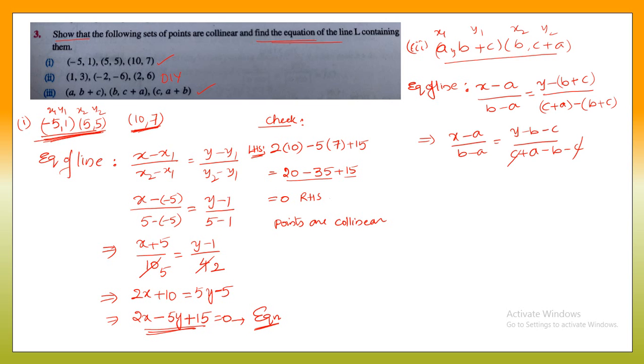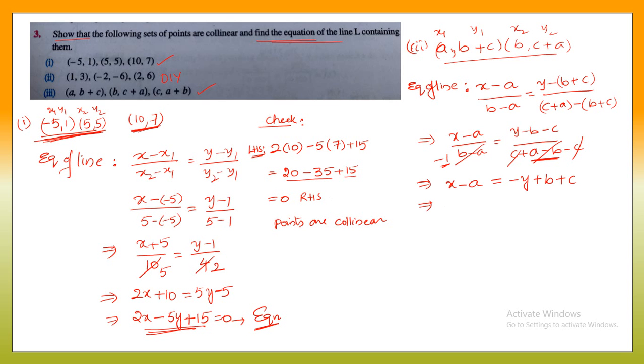Next, in this a minus b, if I take minus as common, then it becomes b minus a. So this b minus a cancels with the b minus a, giving minus 1 times. Now when I cross multiply, since this goes 1 time, x minus a is equal to, with this minus multiplied, minus y plus b plus c.